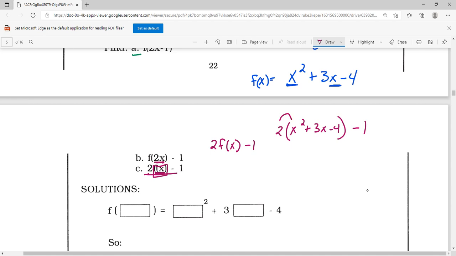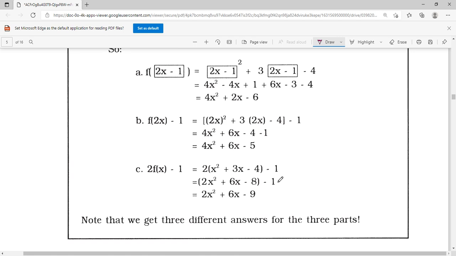All right, so here we got to distribute. And then 2 times 4 would be negative 8. And then all we got to do is put those two like terms together. Minus 9. Let me double check that.